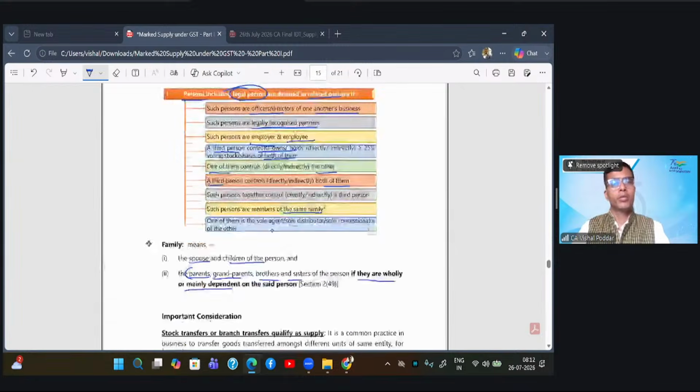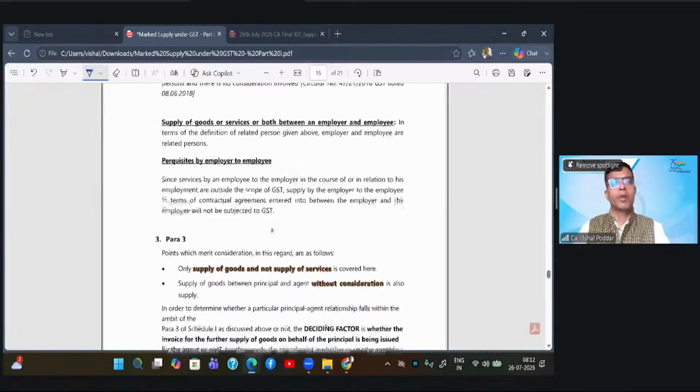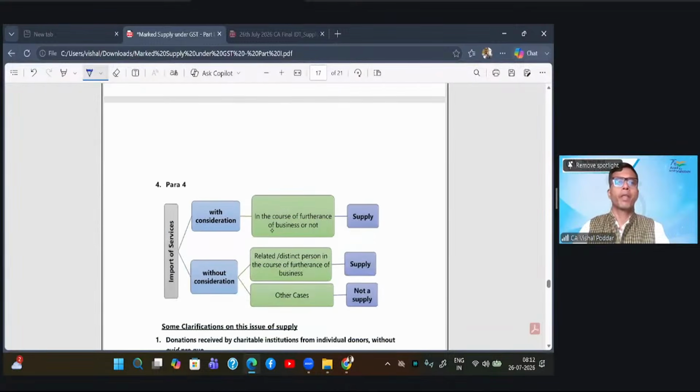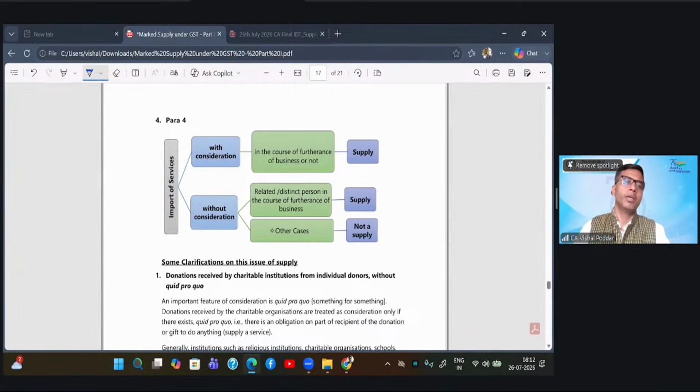So students, these are those scenarios where even without consideration, if something is flowing in these situations, it will be a supply. Now, in relation to import of service, students, you have to understand that import of service is treated as supply under three clauses. First, where the transaction of import is done with a consideration in the course or furtherance of business, means all the limbs of section 7(1)(a) are satisfied, it is a supply.